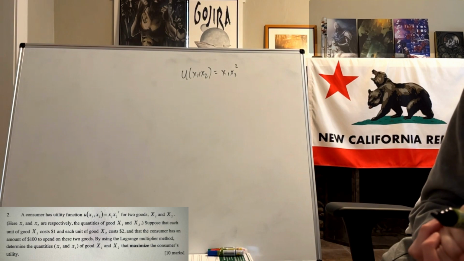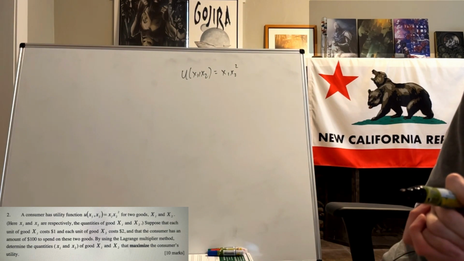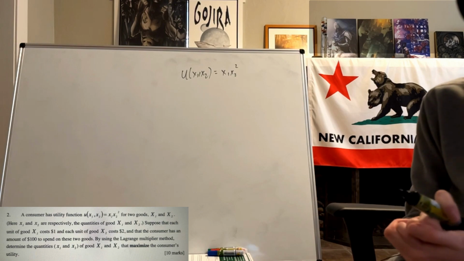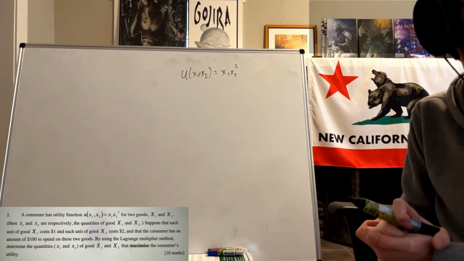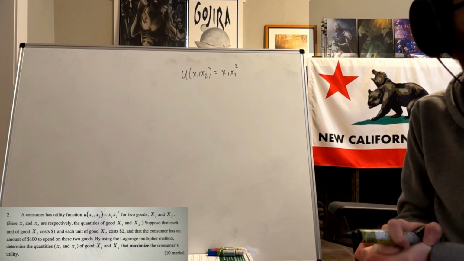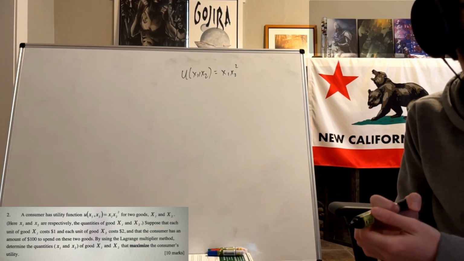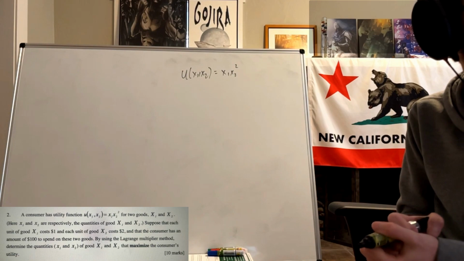So the consumer has a total amount of 100 to spend on the two goods. So the utility function, I guess that's how much the consumer needs, and they need x2 squared as many times as x1. That's not particularly meaningful to me, but I guess x2 is more important than x1, but they still need both.